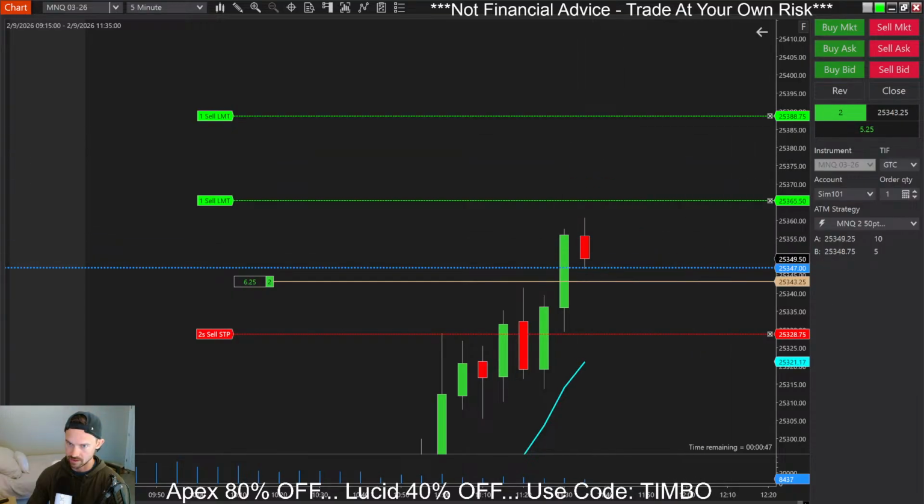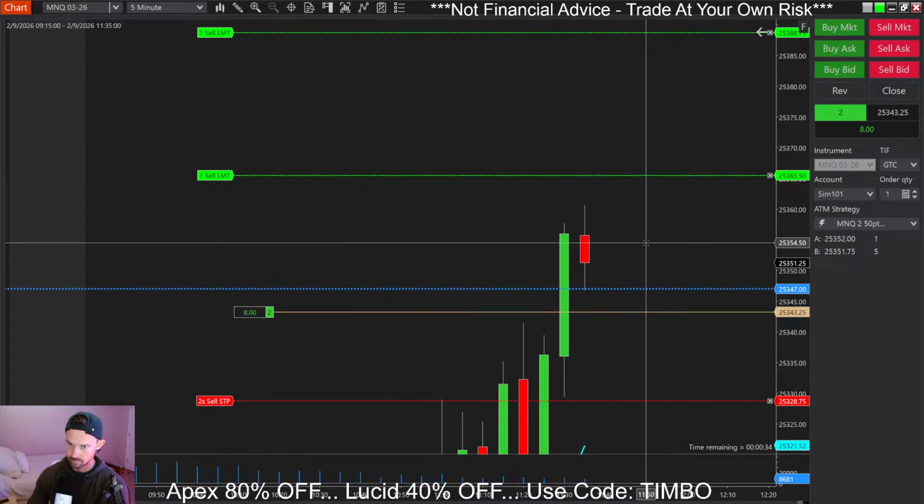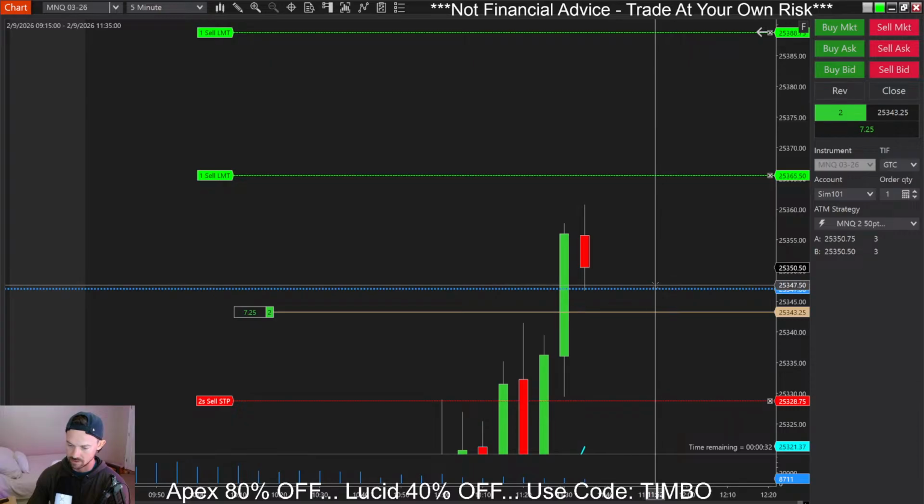All of ES is engulfing the previous candle. See if we can get a little bounce here off this level on NQ.